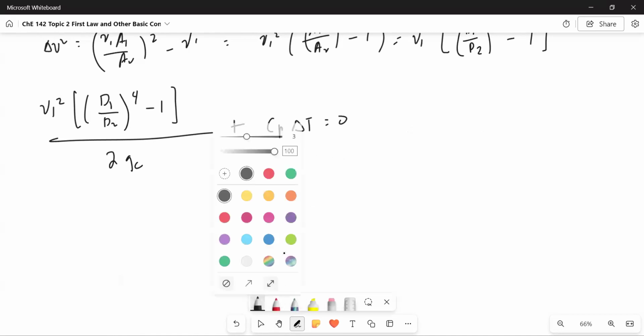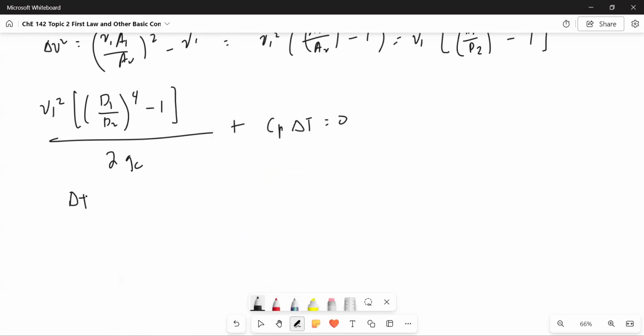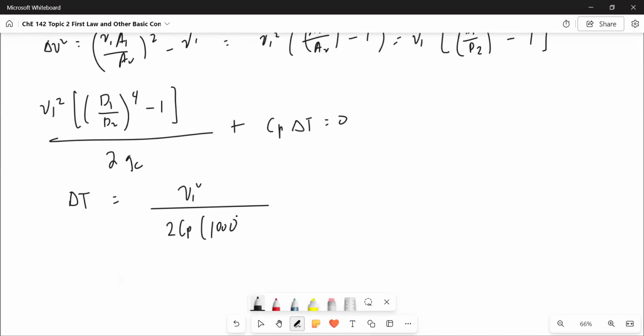Let's isolate delta T on one side of the equation. Delta T is equal to V1 squared over 2Cp times 1,000, times 1 minus D1 over D2 to the fourth.